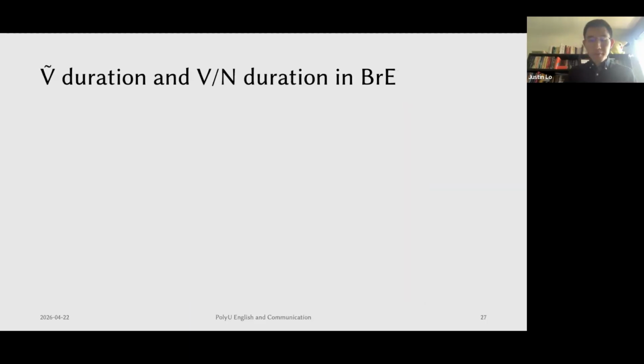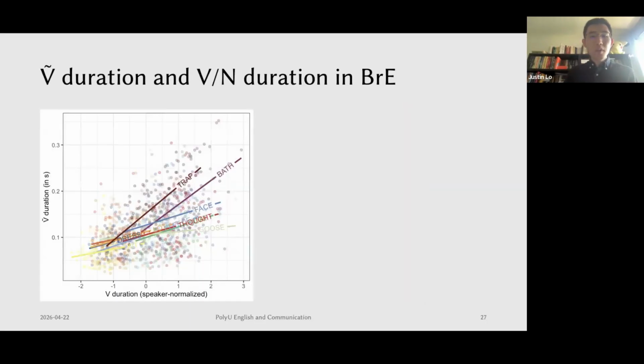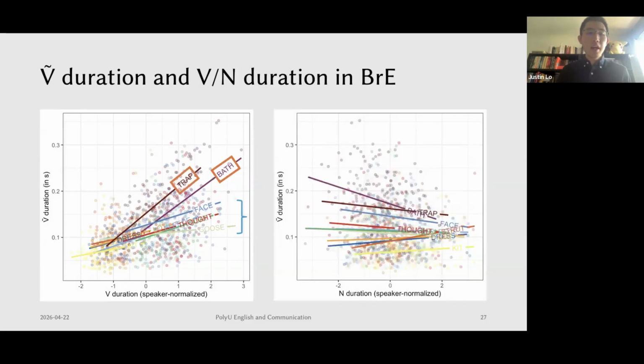In terms of comparing the relationship between vowel nasalization duration and the vowel duration and nasal consonant duration, we don't particularly see any of the proportional effects that we might expect if we have phonologized nasalization.